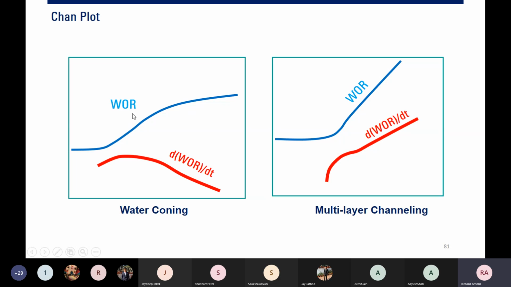So if your water oil ratio increases and then turns quite steady at the end of the production and the derivative curve decreases, it means that you have water coning. But if your water oil ratio and the derivative increase with a constant slope like this one, it means that you have multi-layer channeling. You need to do this analysis for each well.